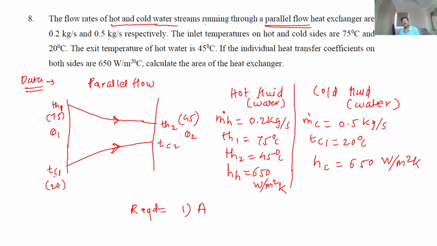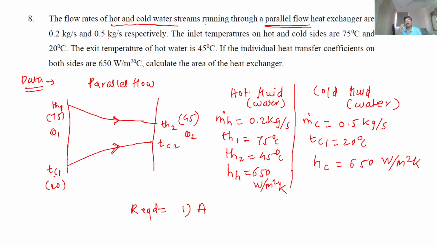In a heat exchanger, there are two approaches to solve the problem. The first approach is the LMTD approach and the second approach is the effectiveness NTU approach. When to use LMTD and when to use effectiveness NTU depends on the four temperatures: hot fluid two, entry and exit, cold fluid two, entry and exit.